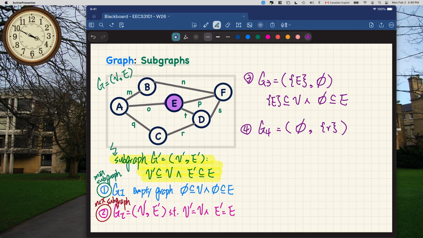In some way, if you check the condition, empty set is a subset of V, yes. And also R is also a subset of the edges as well. However, this is not even a graph. That's a problem. You cannot have a graph just by the edge itself, right? So these conditions hold, yes, but also it should be a graph itself, right? G4 over here, this is not even a graph.